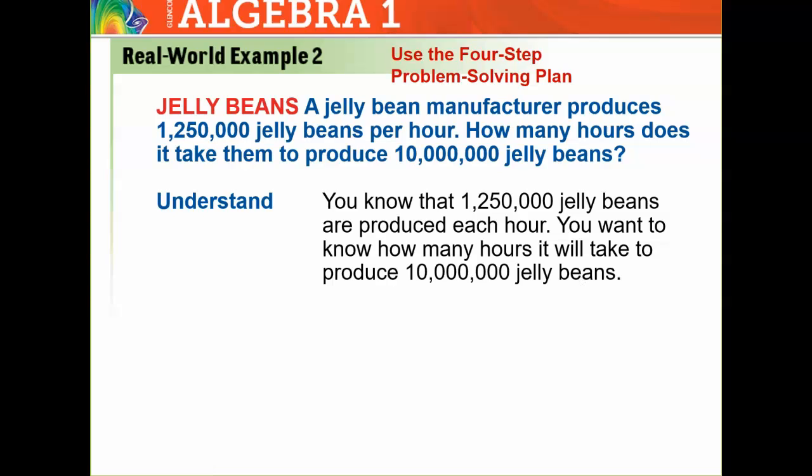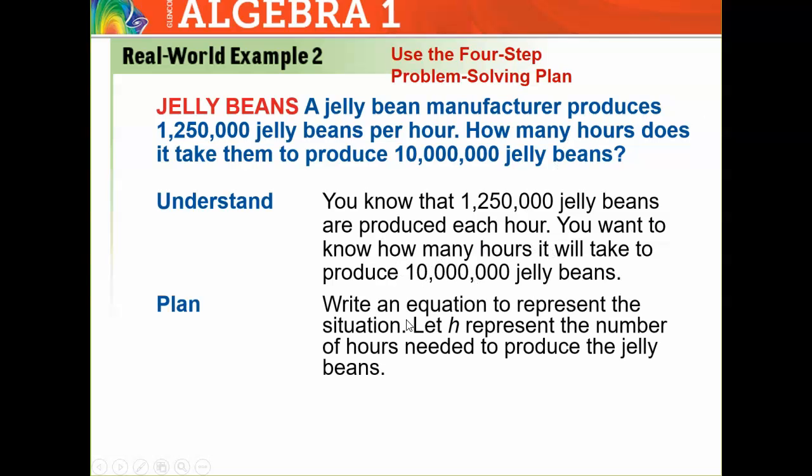We are looking for the number of hours. Our answer needs to be a number of hours. To plan, we're going to write an equation that represents the situation. Since our answer is number of hours, we're going to make our variable h to represent hours.